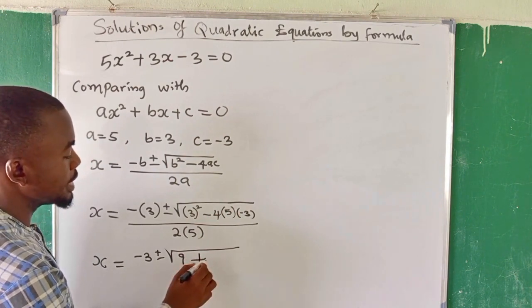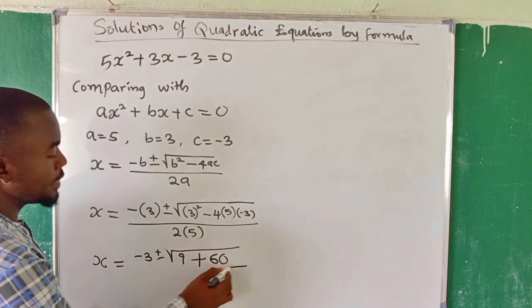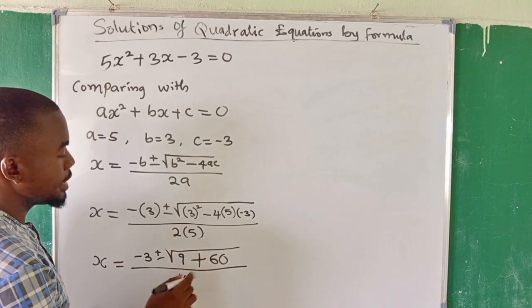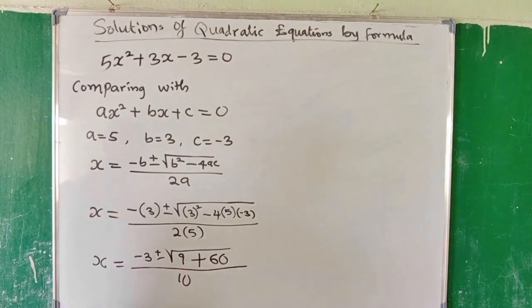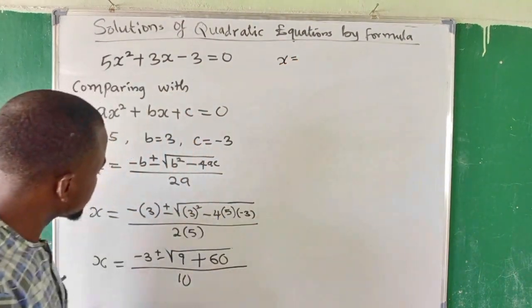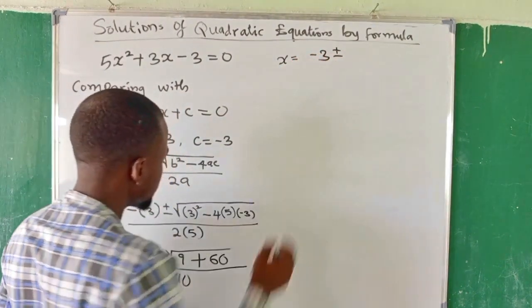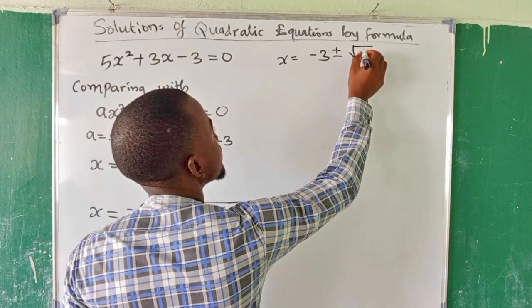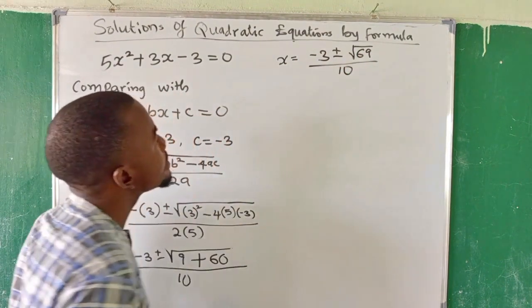So we have plus 60, all divided by 2 times 5, which is 10. Let's simplify this further. We have x is equal to minus 3 plus or minus square root of 9 plus 60, which is 69, so square root of 69, all divided by 10.